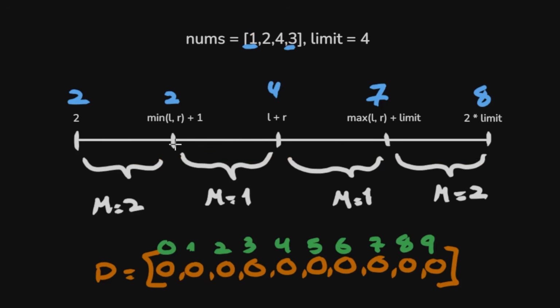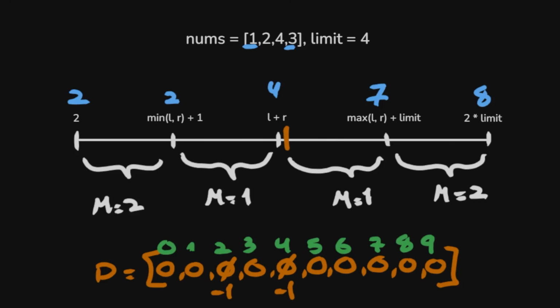Well, if we start from 2 moves, we know that at the minimum between left and right plus 1, meaning at 2, meaning here, we need to remove the effect of one of the moves. So here we subtract 1. Next here at left plus right, meaning index 4, we need to subtract the effect of another move. So we go to index 4 and replace this with minus 1.